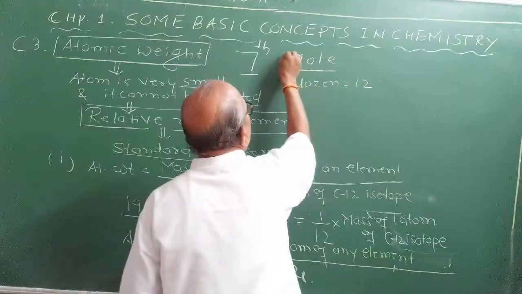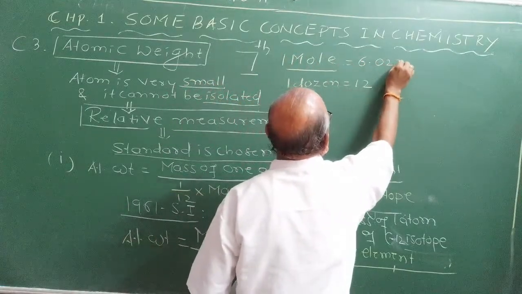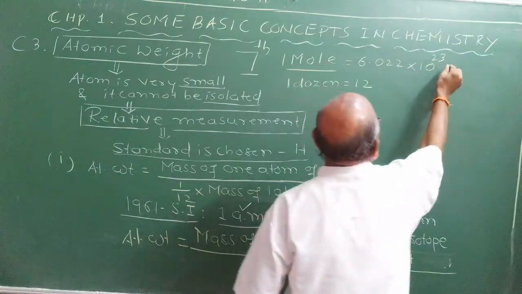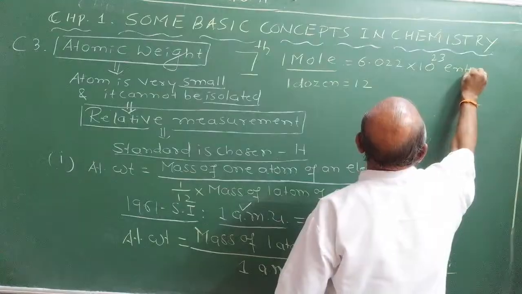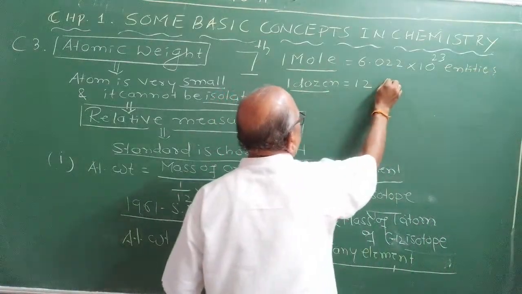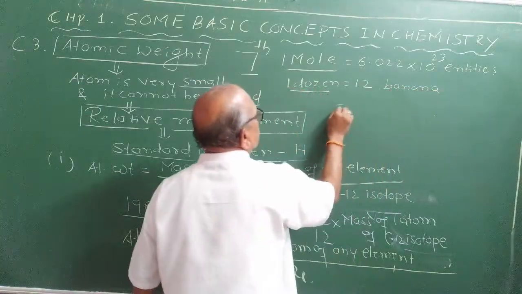Similarly, 1 mole corresponds to 6.022 into 10 raised to 23 entities. Entities means whatever it may be. Like 1 dozen, you can take it as banana, 1 dozen means 12.